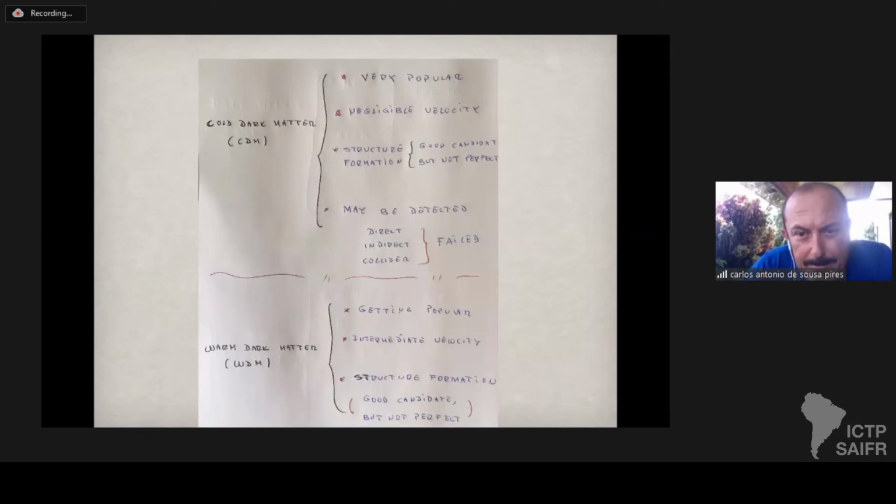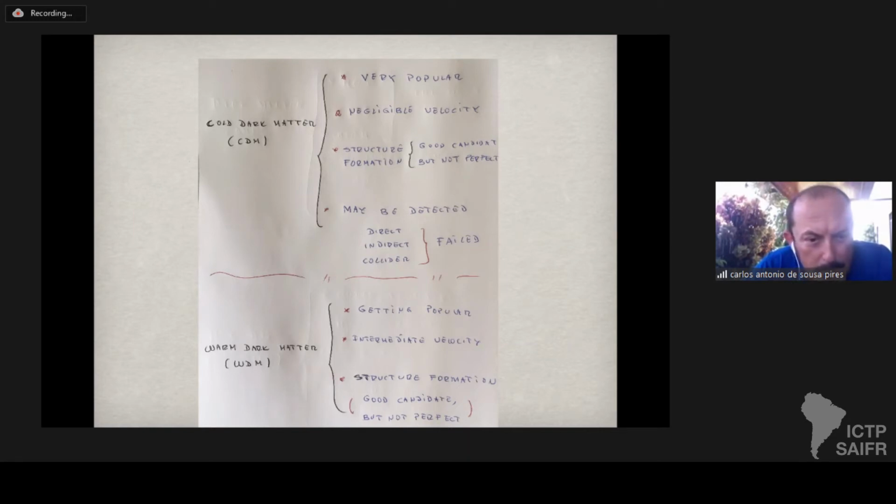One of these possibilities is warm dark matter, and it is this candidate that I'm going to discuss here inside an extension of the standard model. Warm dark matter is also very well known since a long time, but only recently it has become very popular. I think this is so because cold dark matter has failed to be detected, then people start to try another possibility.